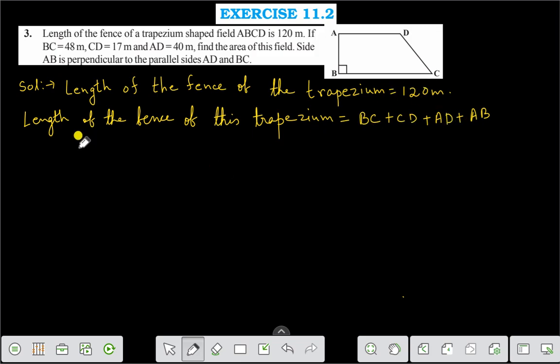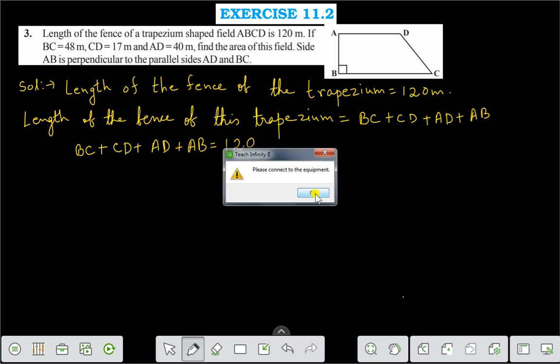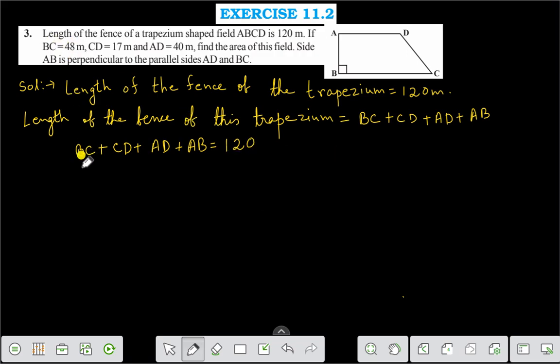Therefore, we can write it as BC plus CD plus AD plus AB is equal to 120. Now the value of BC is given as 48 meter.